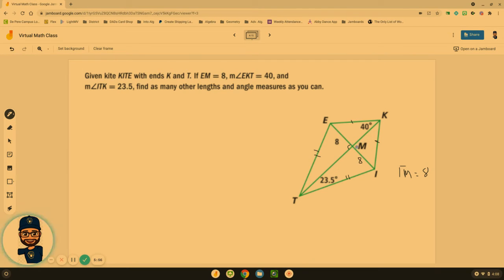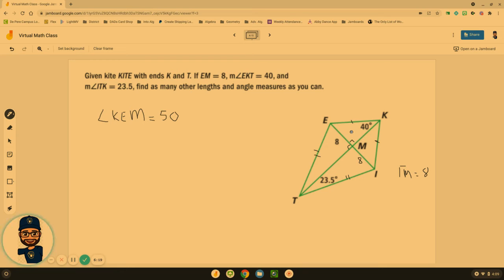So we typically just draw it on one. All right? So we know all of those around M. So if we know those are 90, can we then figure out this angle up here? Angle KEM would equal 50. How do I know it's 50?